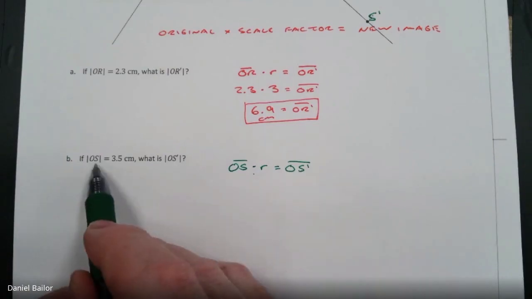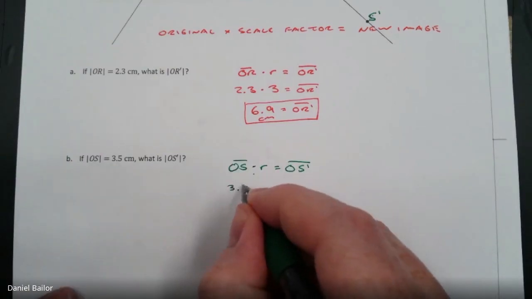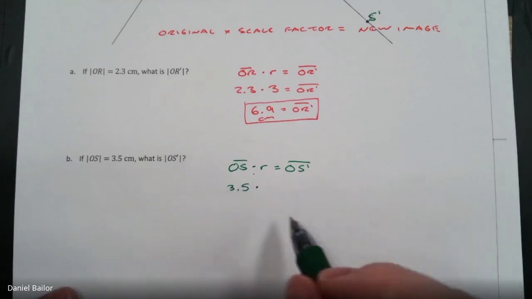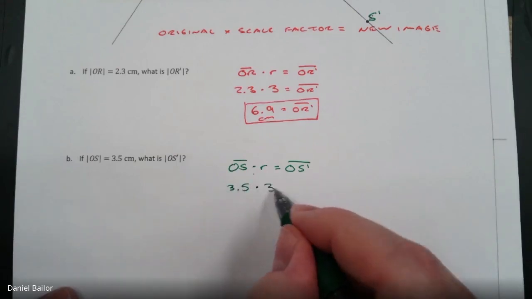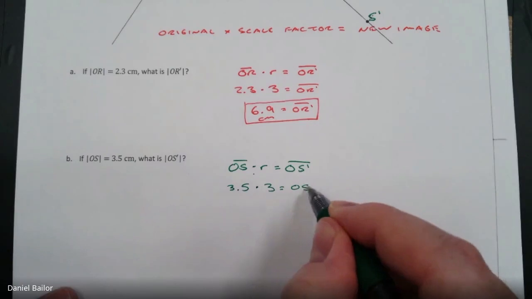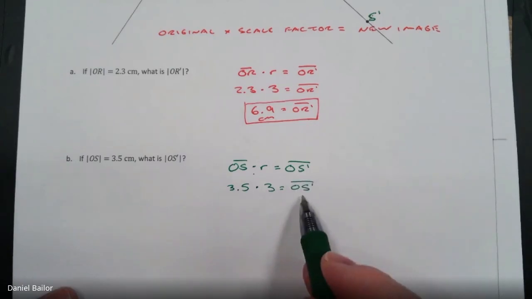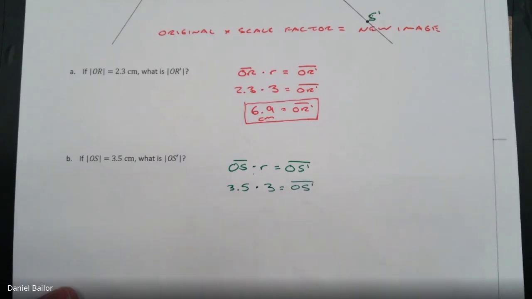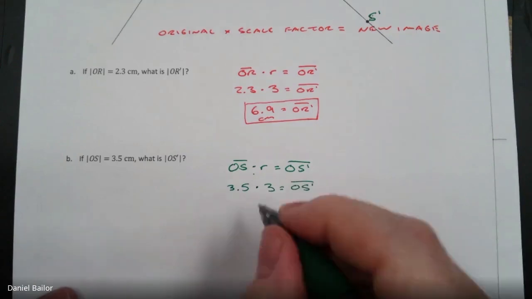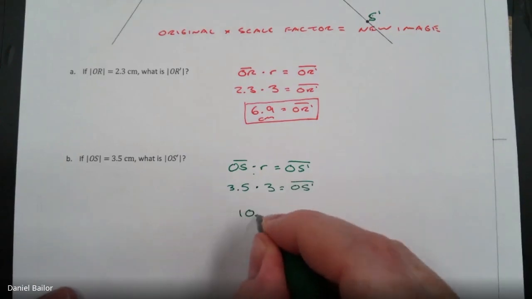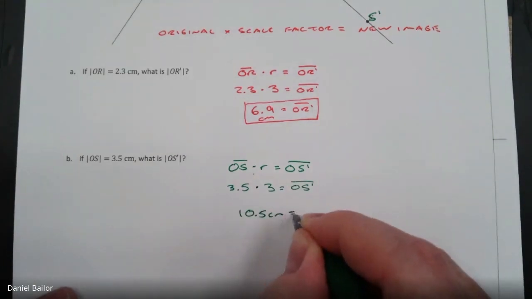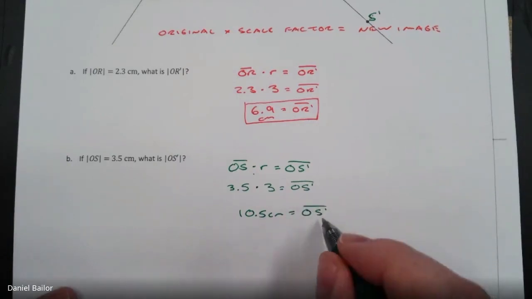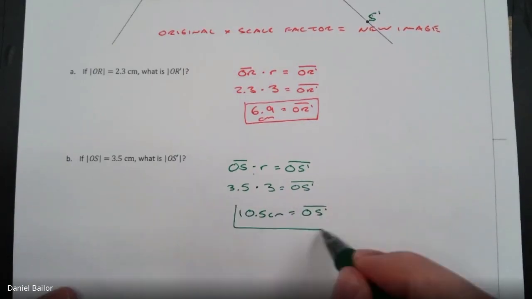Now they tell us the original right here is 3.5. The question, remember, told us the scale factor is 3. And if we do the math, we should find the new. So 3.5 times 3, again, you're allowed to use a calculator, but I'll just tell you, it's 10.5 centimeters. The new one, OS prime, is 10.5 centimeters.